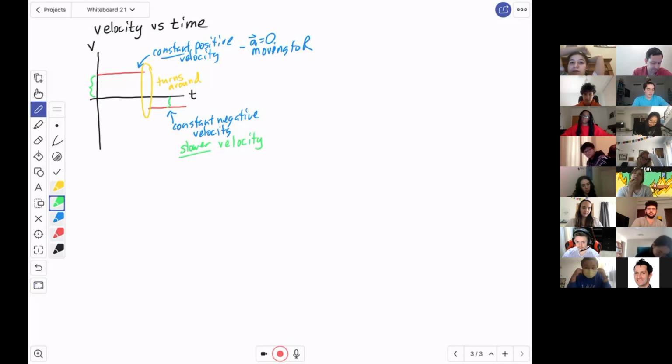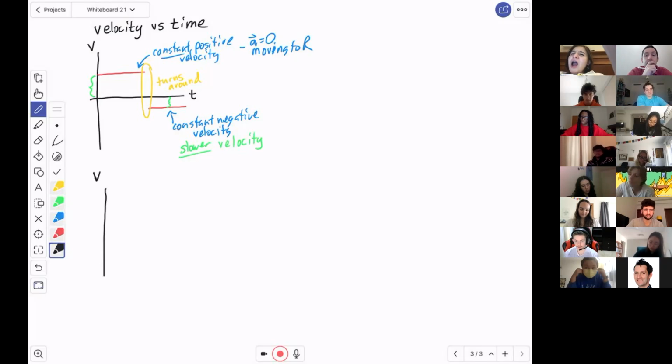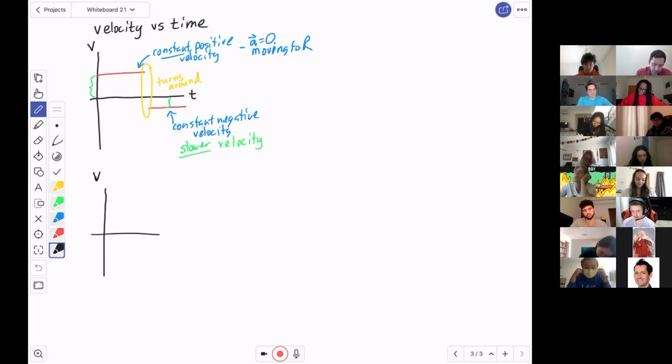Perfect. Awesome. Great. Anything else anybody wants to add? Yeah, I want to ask, how would you be able to maintain the same velocity but change directions? You'd draw it on the opposite quadrant, the lower right rather than the upper right. The distance, how far, right?